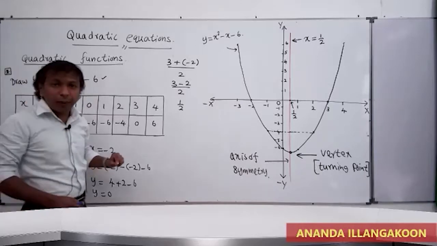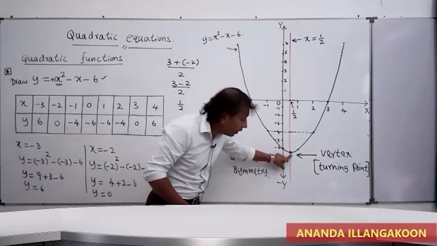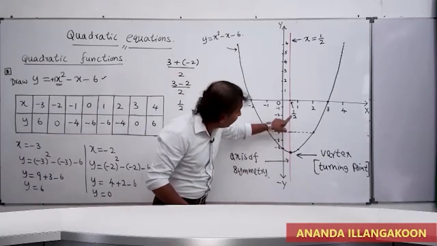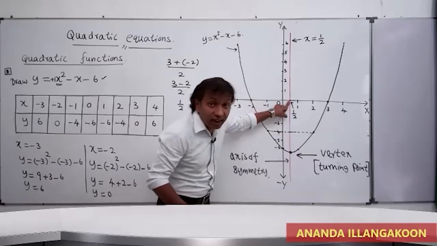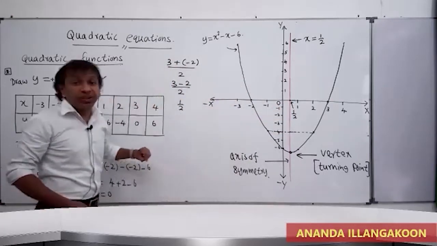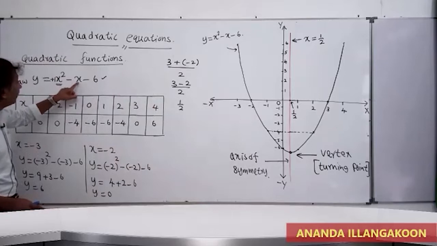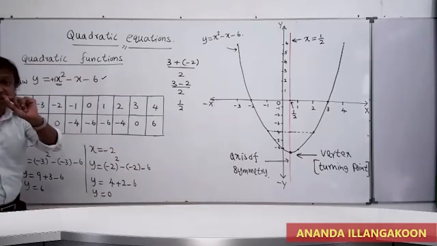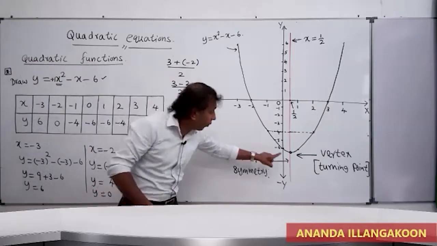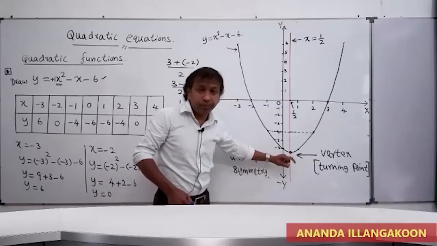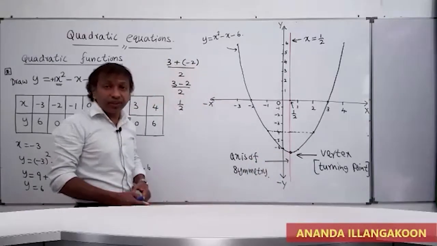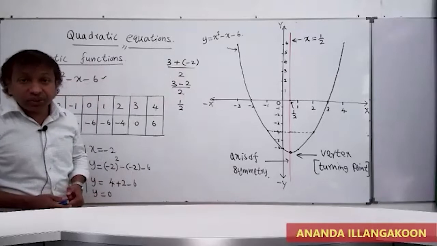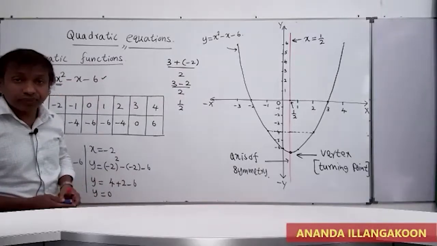Like that, to find the y coordinate at this point, since the x coordinate is half, we have to substitute x equals half and when you simplify correctly, you get the y coordinate at this point. Understand? Right? Okay.